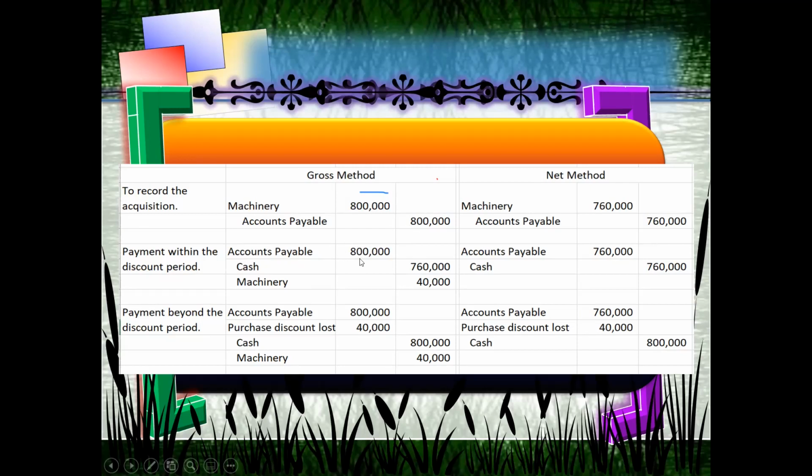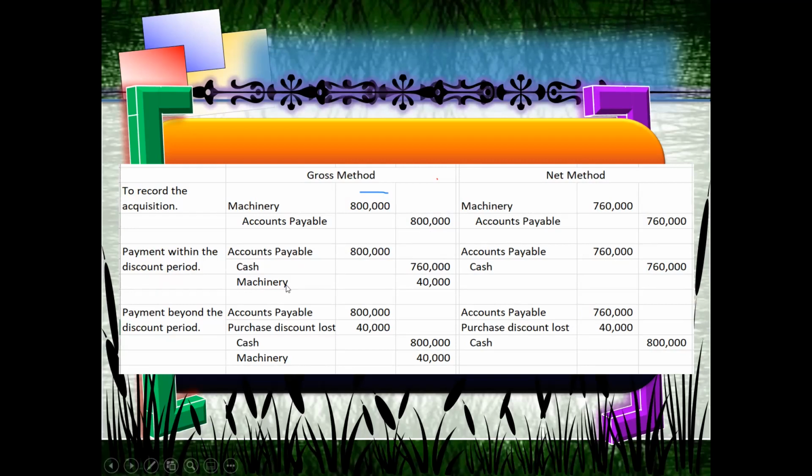So you just debit accounts payable at 800,000. Cash natin na babayaran ay 760,000 na lang. And then yung difference ng accounts payable tsaka nung binayad mo ng cash, or should I say yung discount na na-avail mo, i-reduce yun sa amount ng machinery.